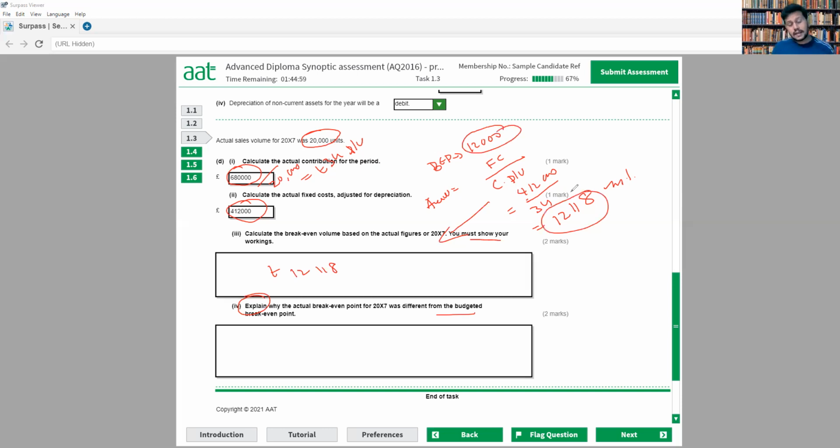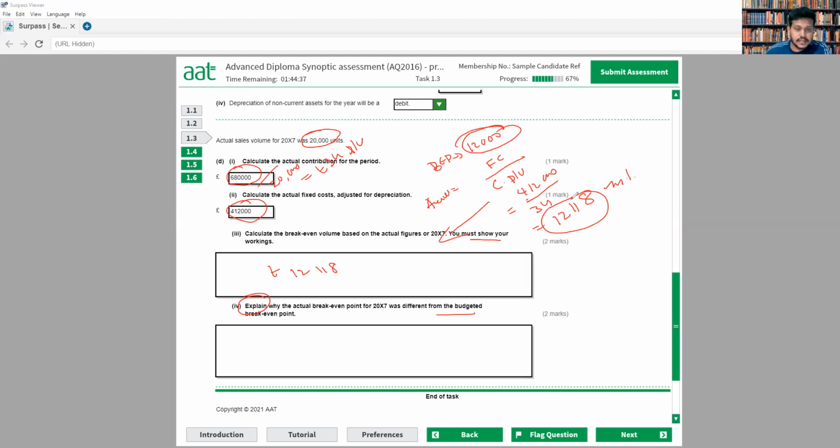So that means I have to sell more unit in order to be in a position of no profit, no loss. So for example, if I like to be in a position like there is no profit, no loss, then I have to sell now more unit. Before it was 12,000 unit. Now I have to sell 12,118 unit. Why?